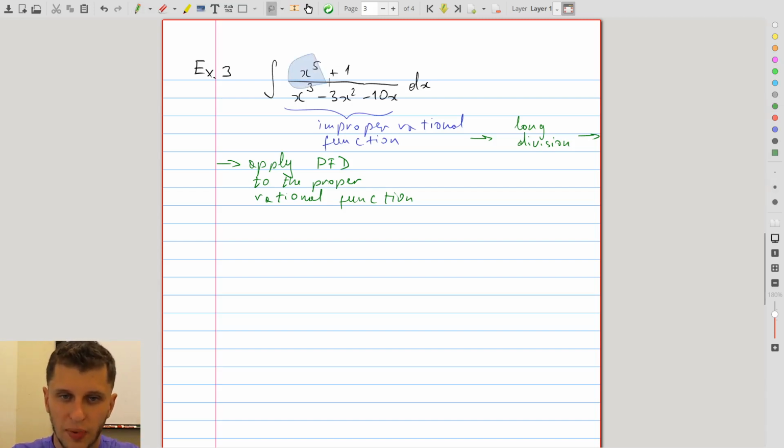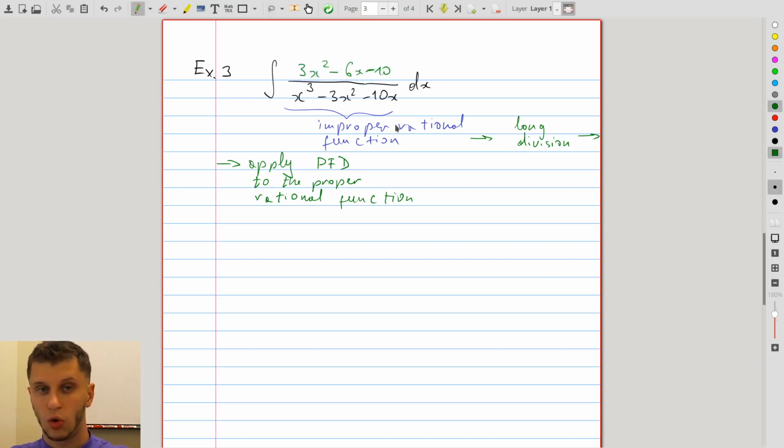Now, what would happen if I changed the numerator of this example to be something of the form 3x squared minus 6x minus 10? If I had that, or perhaps some multiple of it, so suppose I don't have this, but instead I have, say, 6x squared minus 12x minus 20.